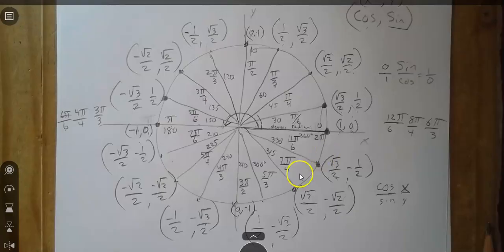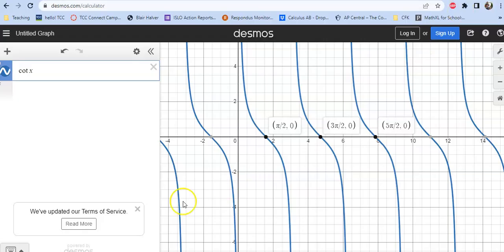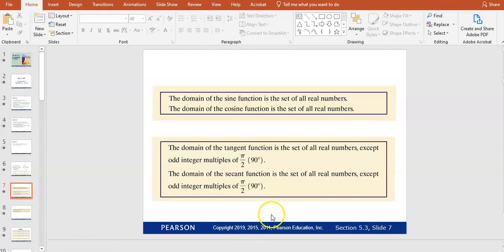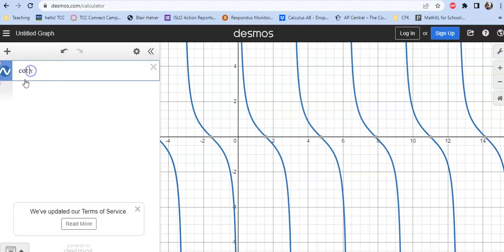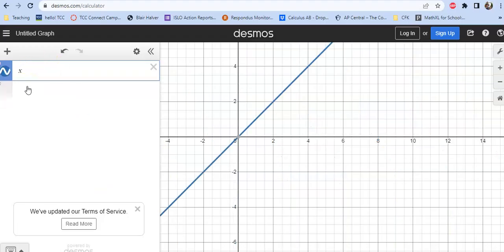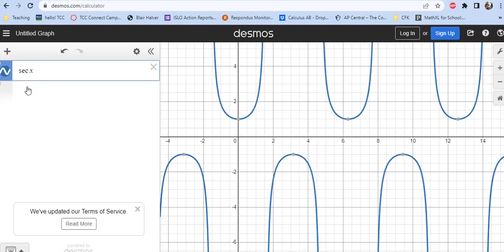Okay, hopefully that gave you a good quick gist of our domain and range. And now if we look at secant and cosecant, let's take a quick glance at those. Secant is going to be the opposite of, so let me show you what happens. What is the reciprocal of secant?